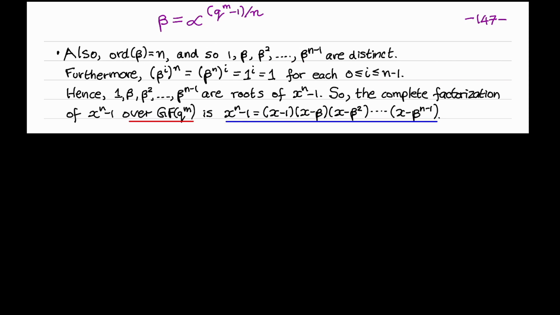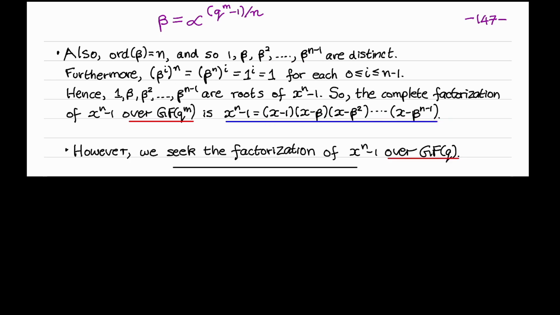Since this degree n polynomial can't have more than n roots over any field, the complete factorization of x^n - 1 is given by this product of linear factors: (x - 1)(x - beta) up to (x - beta^(n-1)).